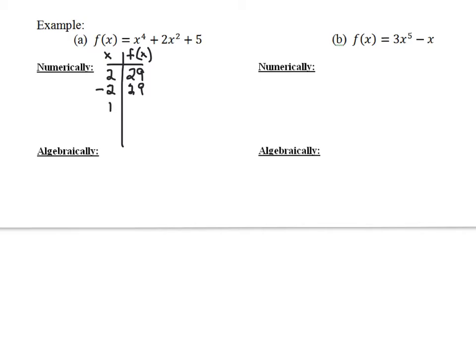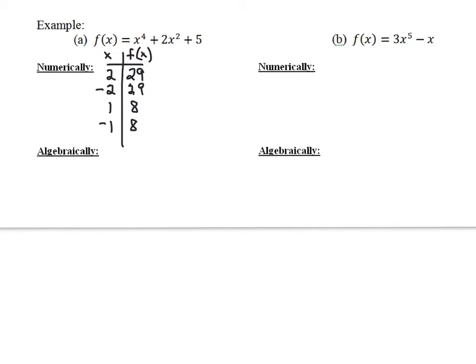So I'm going to plug 1 in for x, and when I plug 1 in for x, I see that my output is equal to 8. Now let's try the opposite, negative 1. Negative 1 to the fourth plus 2 times negative 1 squared plus 5 also gives me the answer of 8.